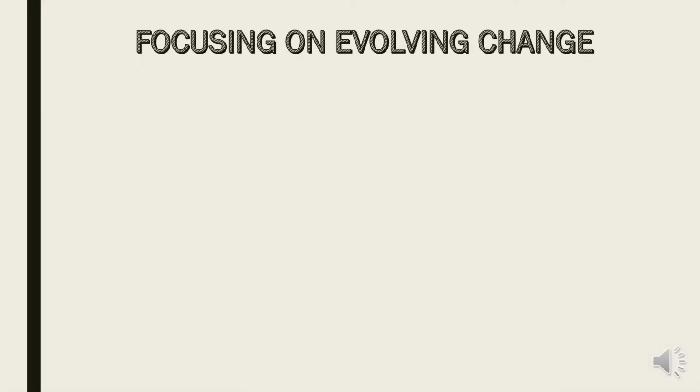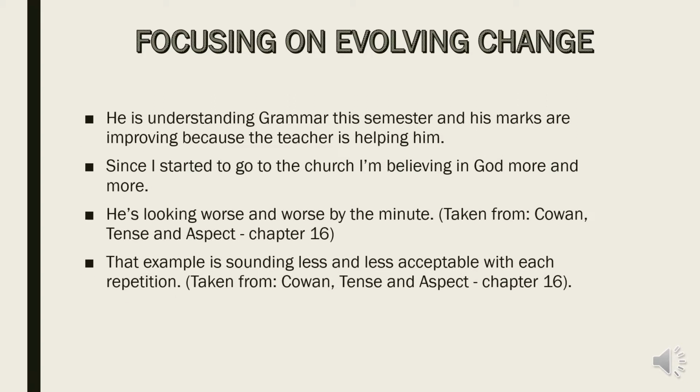The third meaning is related to processes, focusing on evolving change. With the use of stative cognitive verbs, like in 1 understanding and in 2 believing, and stative appearance verbs like in 3 looking and in 4 sounding, the speaker wants to express the idea of an evolving process. We can notice there is a process because there is a change of the intensity from the beginning up to the end.